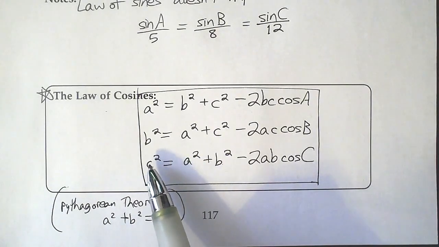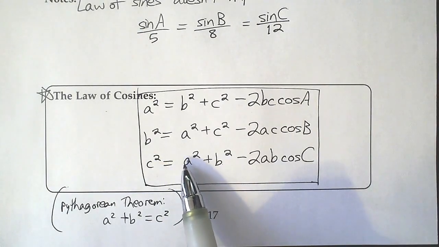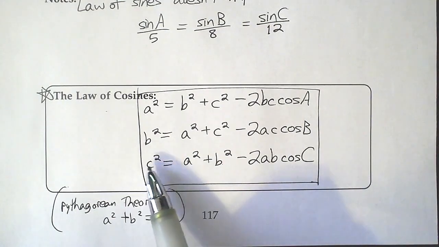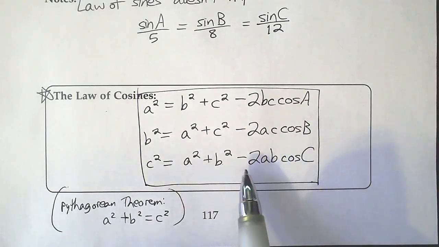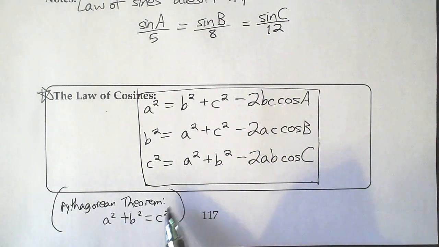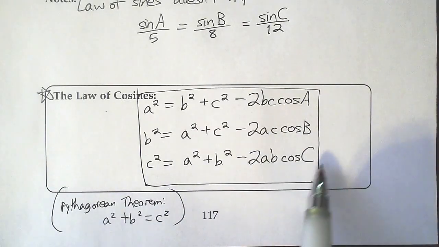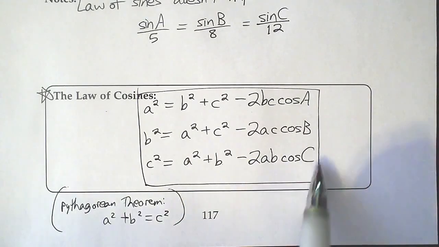But the law of cosines, at least the third form of it, almost looks like the Pythagorean theorem, because I have an a squared plus b squared, and it equals c squared, except there's this other term. So it's almost like saying the Pythagorean theorem doesn't apply because there's this much extra. It's like the Pythagorean theorem is off by this amount.